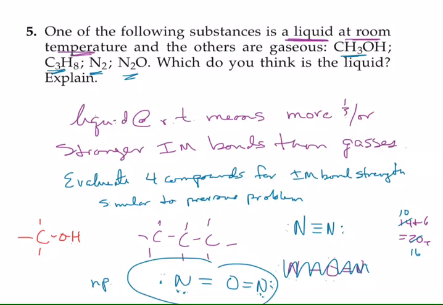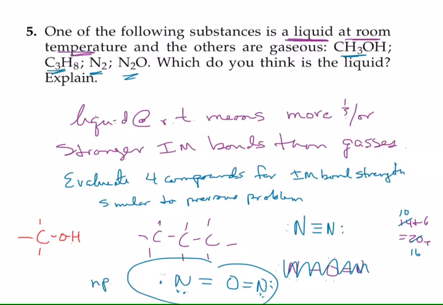And the one with the strongest bond. Only one of these is a liquid and all the others are gases. Well, that's what I'm saying. Wouldn't we have to know the boiling point of every substance in order to figure out which one would be a liquid? They're saying the special one, the one that has the highest boiling point, would be the liquid, because it would have a higher boiling point.